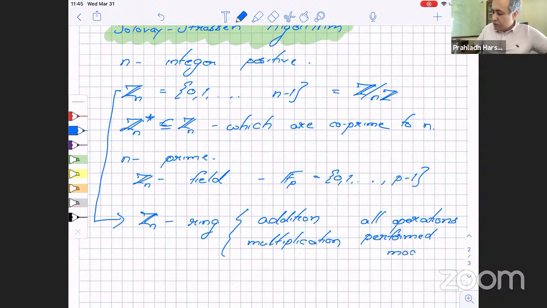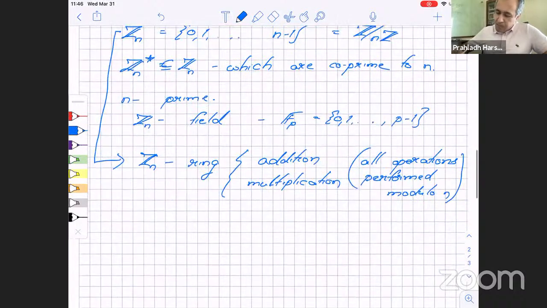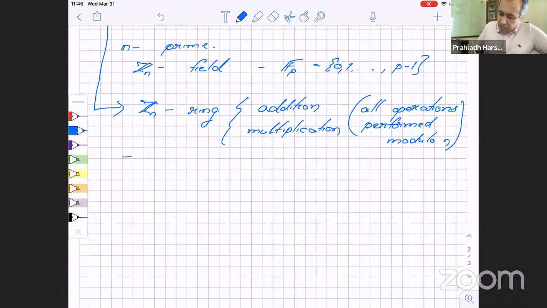Each time you overshoot n, you take the remainder and come back, and that's what makes Zn into a ring. Furthermore, if n were prime, it's not hard to check that it not only forms a ring, it actually forms a field, and every non-zero element has a multiplicative inverse. So Zn is a field if n is prime.